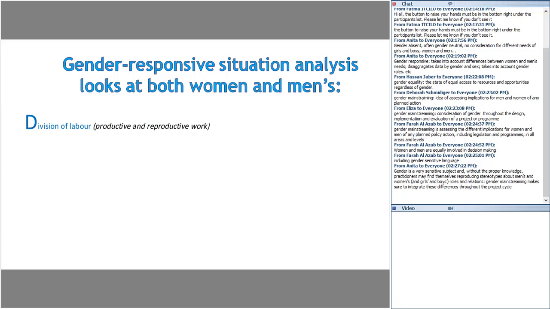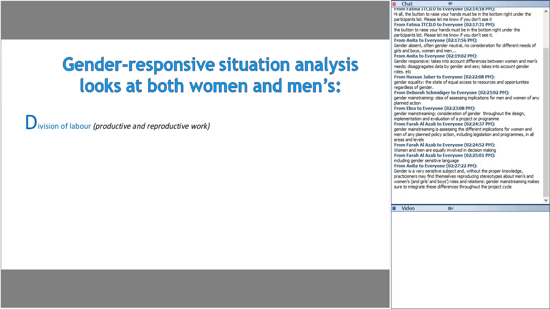First of all, we need to look at the division of labor of the community that we're working with. So the division of labor, remember, labor is simply defined as a product produced or a service rendered. And we divided that up by paid productive work, and we also talked about unpaid reproductive work.